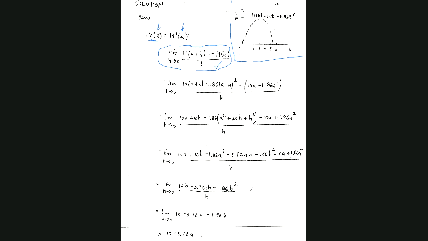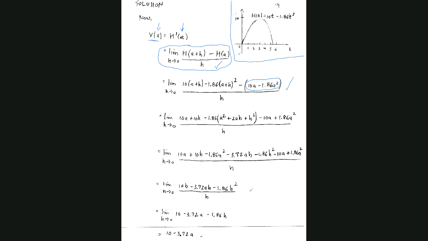So using this definition, h of a would be 10 times a minus 1.86 times a squared. I'm just putting in an a for my value of t, so we're at time a.